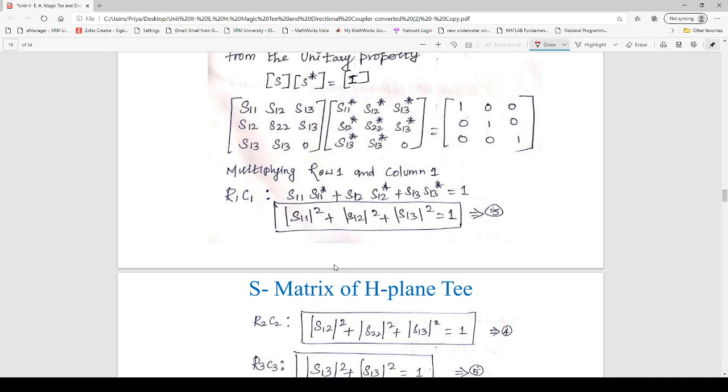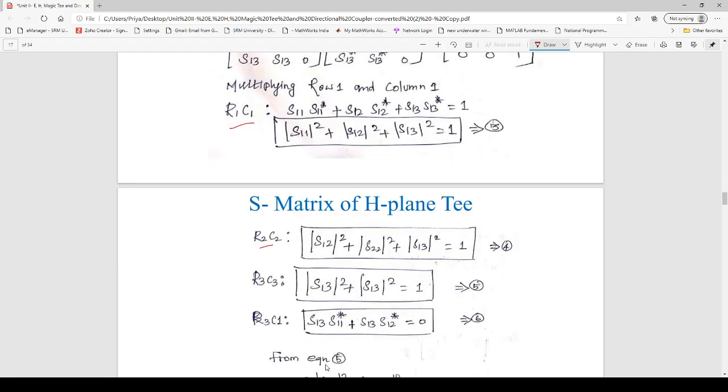So for R1 C1, row 1 column 1, I have to equate it to 1 because it is the same row and column. In the same way I equate it to 1 for R2 C2 and R3 C3, and I can do this for all of these similarly. And for R3 C1, because it is a different row and different column, I have to equate it to 0. Now I have to take these 4 equations, solve them, and find the 4 unknown components which we have substituted in the matrix. So from this, I can write, from equation number 5.